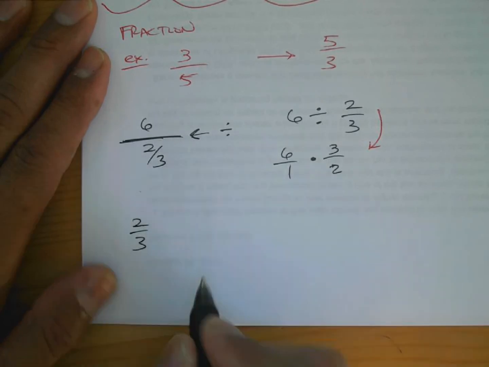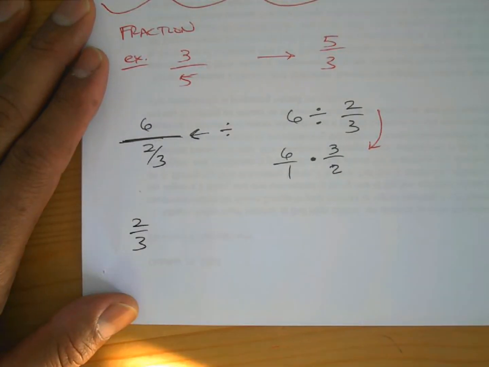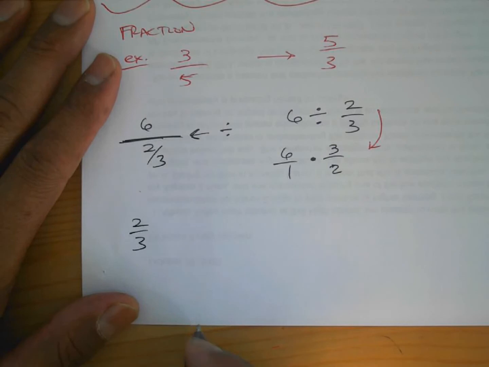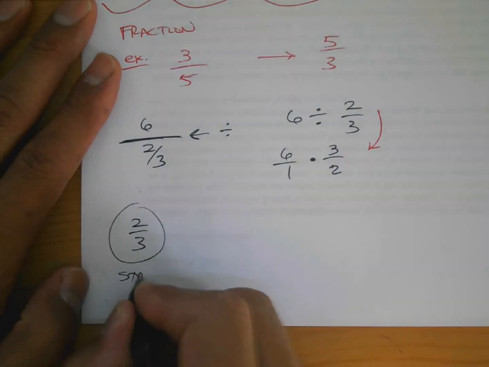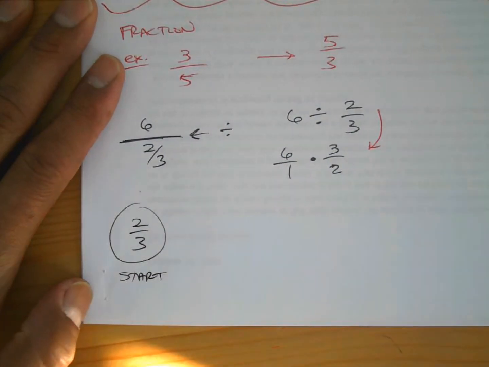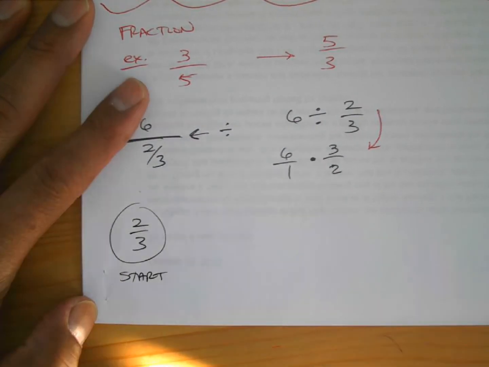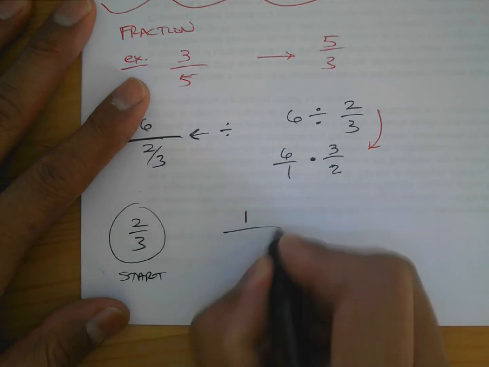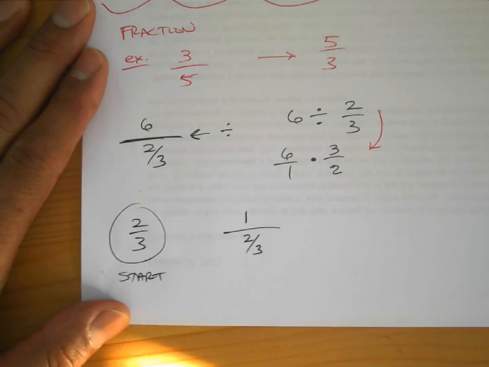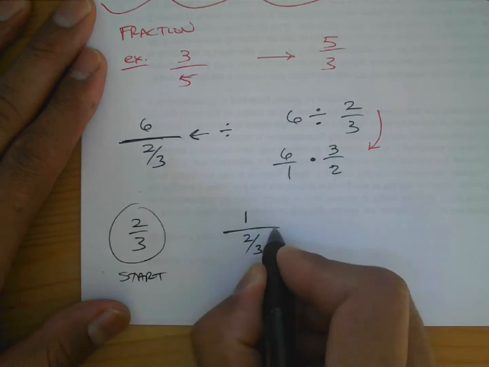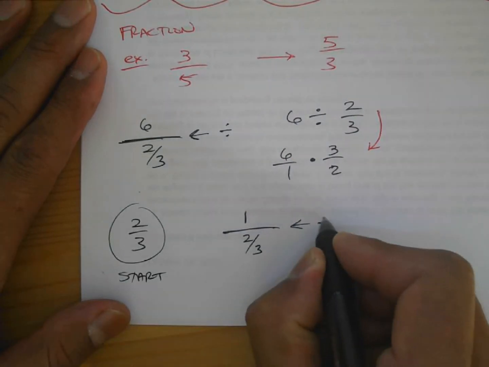If I start with 2 over 3, how can I get it to 3 over 2? If I want to convert this to a 3 over 2, in mathematics, you put it in the bottom. You divide. See, 1 divided by.